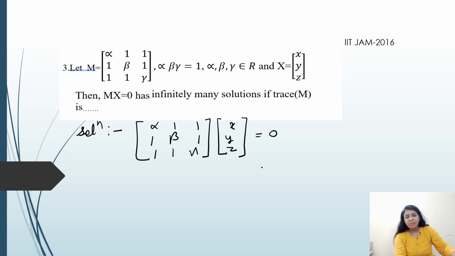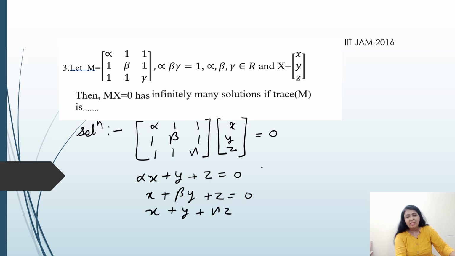So what it becomes: αx + y + z = 0, x + βy + z = 0, x + y + γz = 0. Now this system MX = 0 has infinitely many solutions.